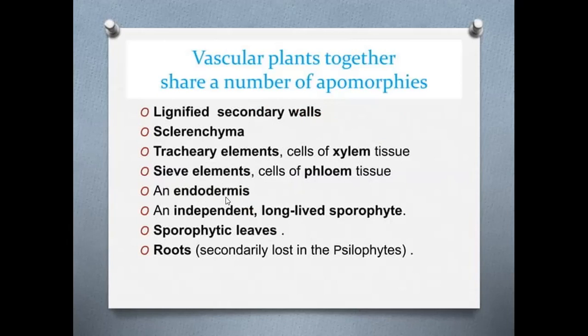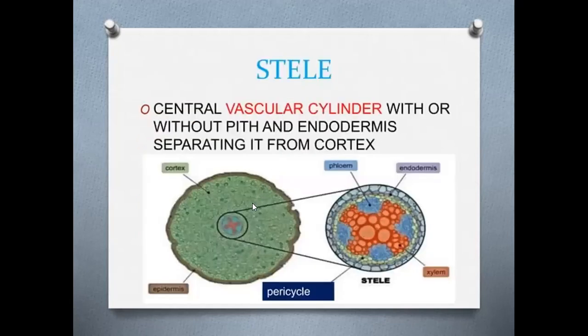There is a single-layered endodermis, and an independent, long-lived sporophyte. The dominant phase we studied in the pteridophyte is the sporophyte, and it is independent. And the sporophytic leaves, the sporophylls, possess the sporangia and the roots. These are some of the most important characteristic features of these vascular cryptogams, the pteridophytes.